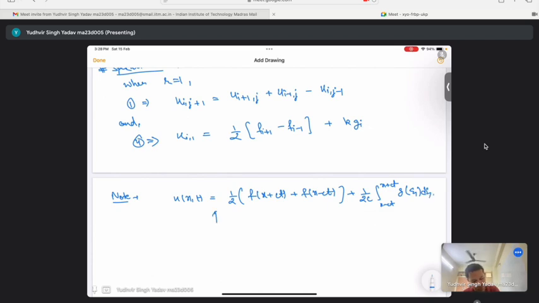So this is an analytical solution of a wave equation, that is nothing but del 2u by del t square equals del 2u by del x square.